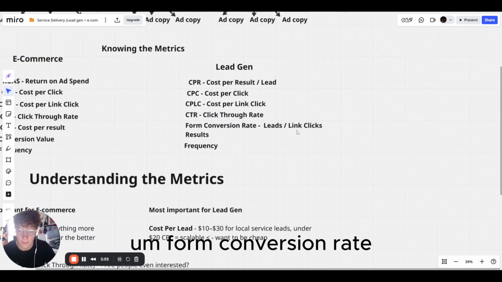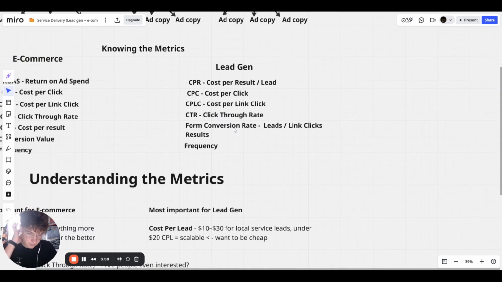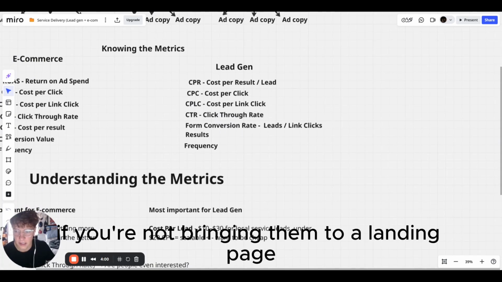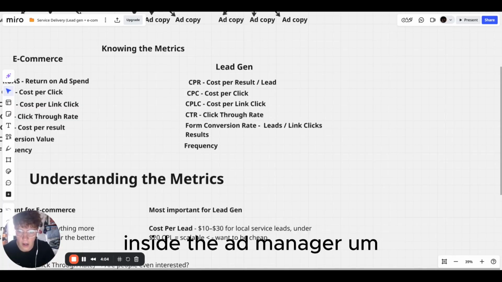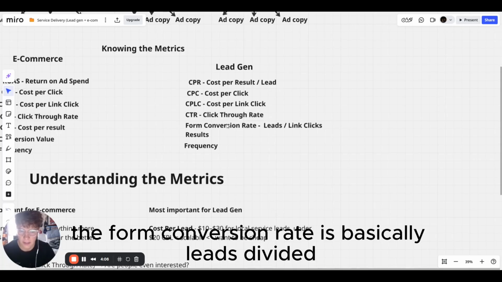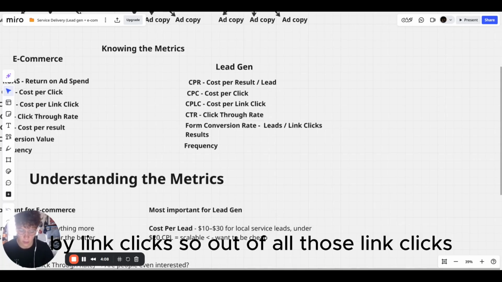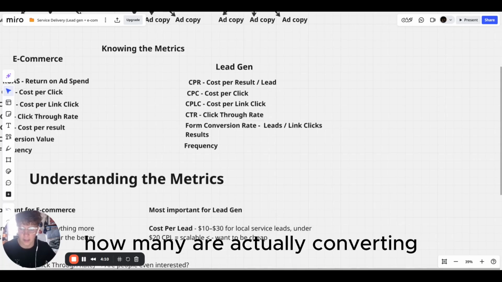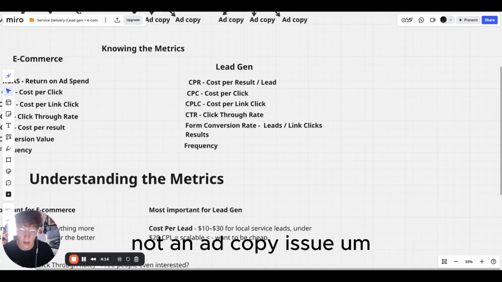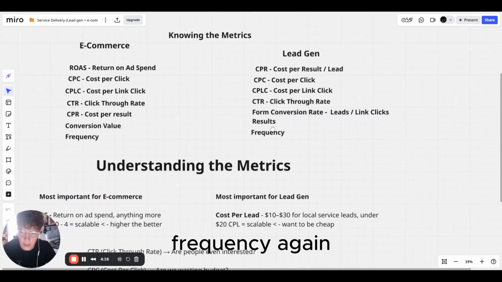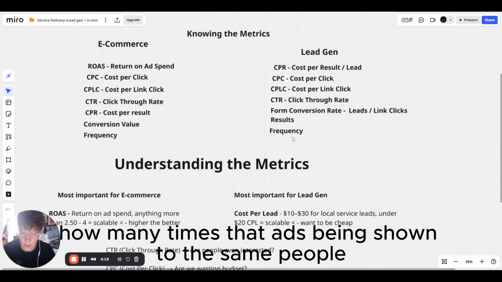Form conversion rate is very important. For lead gen, if you're not bringing them to a landing page and you're having them fill out a form inside the ad manager, the form conversion rate is leads divided by link clicks. Out of all those link clicks, how many are actually converting and filling out that form? Maybe it's a form issue and not an ad copy issue. Frequency, again, is how many times that ad's being shown to the same people.